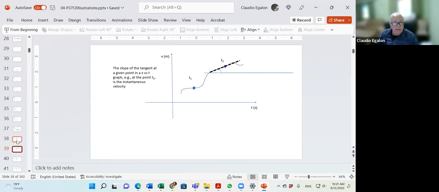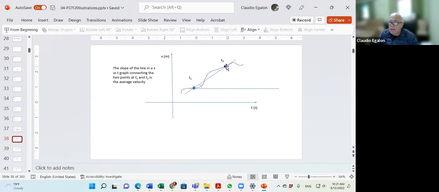The instantaneous velocity is going to be given by the instantaneous slope at that point, the tangent at that point. That's what the instantaneous velocity is all about.